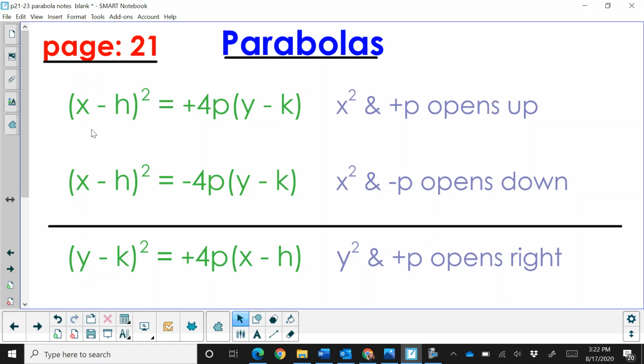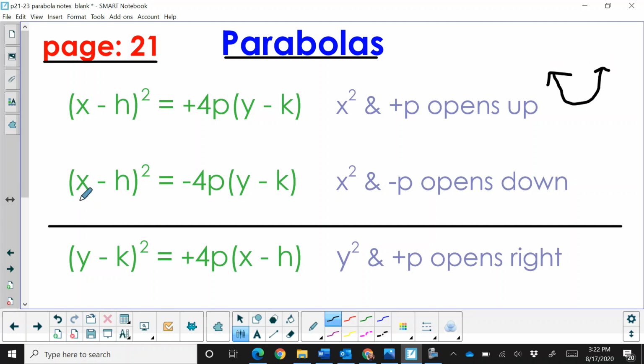So the first one, and the form that it's in, is x minus h quantity squared equals 4p times the quantity y minus k. So this one is where x is squared and p is positive. So this 4p portion is positive. This is an up-facing parabola, and we learn those in algebra.